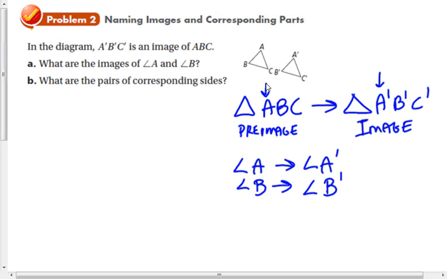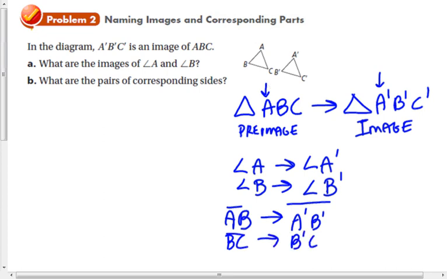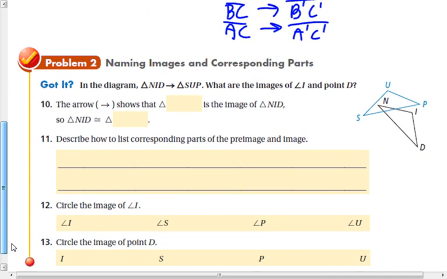And we can say that segment AB maps to segment A prime, B prime. Segment BC maps to segment B prime, C prime. And segment AC maps to segment A prime, C prime. All right, you try that.